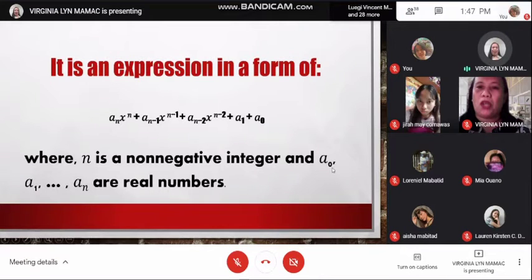A sub 0, a sub 1 to a sub n are coefficients, and these coefficients are real numbers. You know already what real numbers are: the integers, whole numbers, counting numbers, fractions, rational and irrational numbers. Those are real numbers.